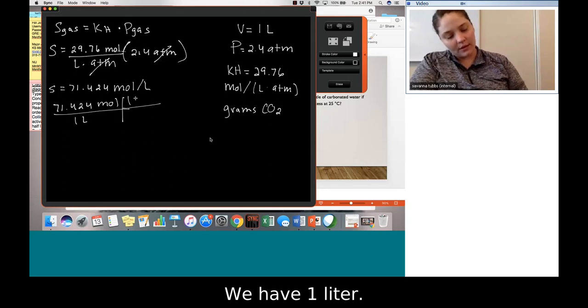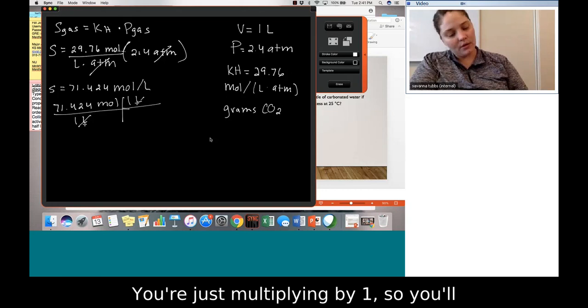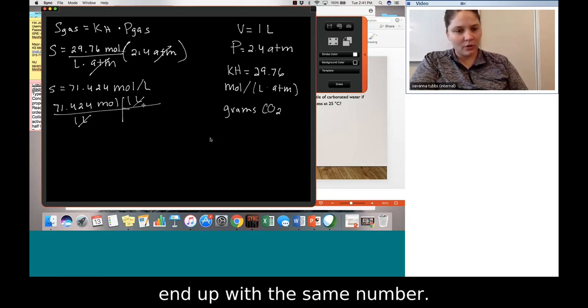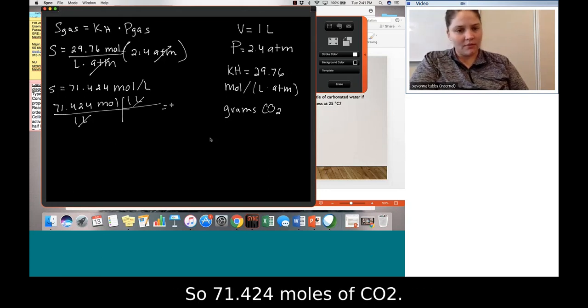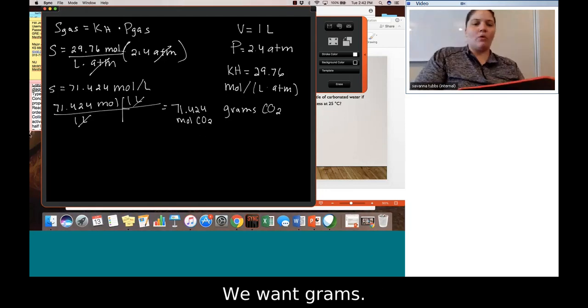We have 1 liter. Our liters cancel out. You're just multiplying by 1, so you'll end up with the same number. So 71.424 moles of CO2. But we don't want moles, we want grams.